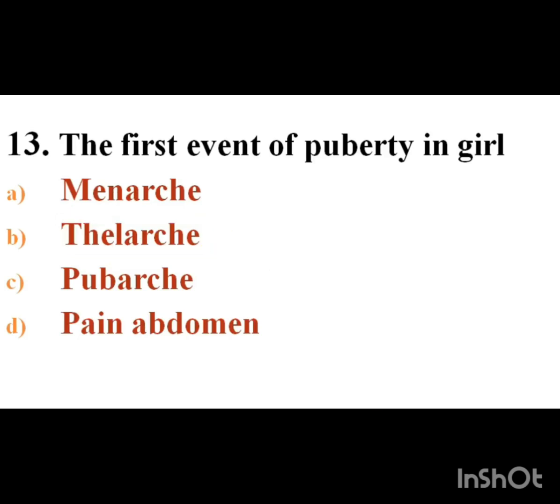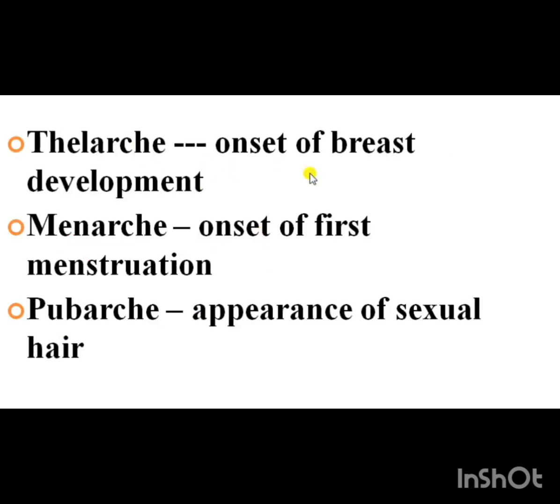What is telarche? Telarche is the onset of breast development, the beginning of breast development or breast buds. It is the first sign of the beginning of puberty that typically occurs by about the age of 13 years. So it is the first sign of puberty in a girl.